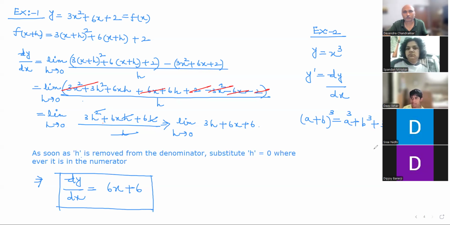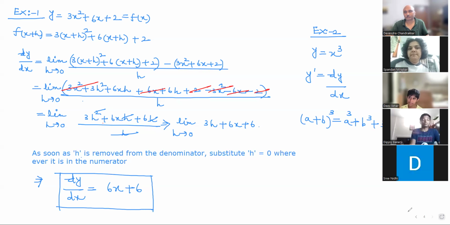Srinidhi, Spandan, both of you got the answer? Yes, sir. Okay. So this was the first principle of differentiation.